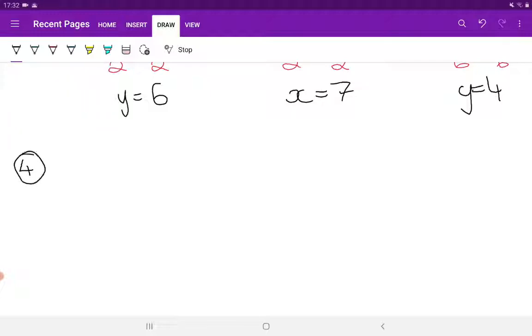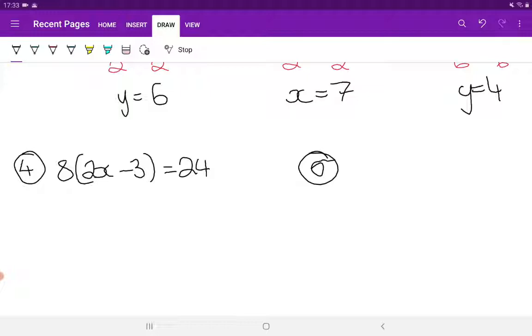So question 4, we're going to have 8 bracket 2x minus 3 equals, let's go for 24. Okay, so the first thing to do, guys, is to multiply out the bracket. So 8 times 2x is 16x. 8 times 3 is 24, and it's a minus, so we'll have minus 24.